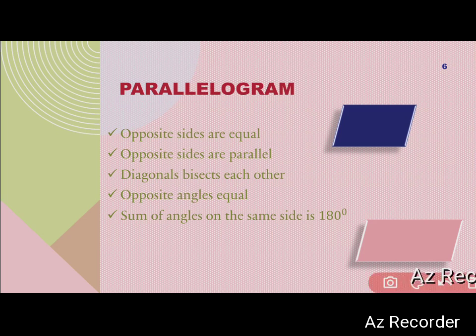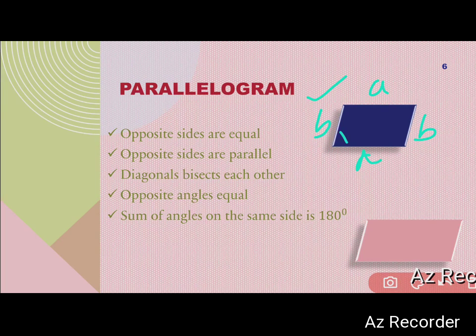Here is the parallelogram. We can say this side has length A and this side also has length A. This side has length B, then this side has length B. That is, opposite sides are equal and also parallel to each other.